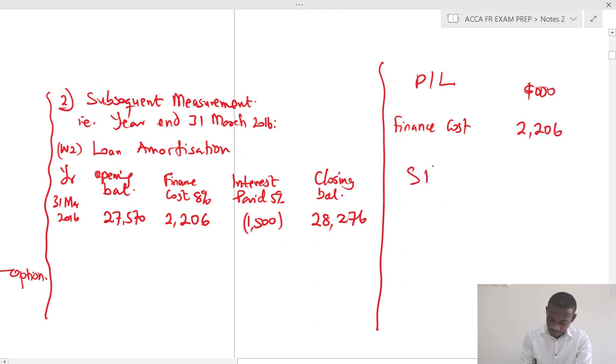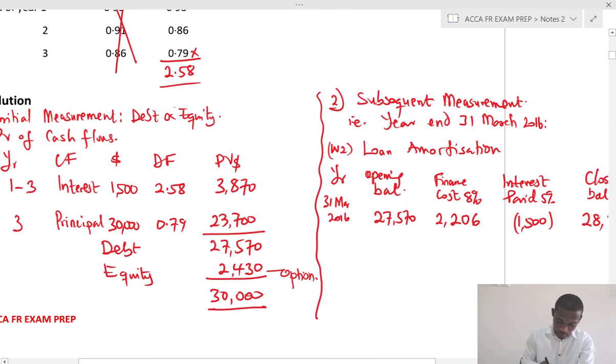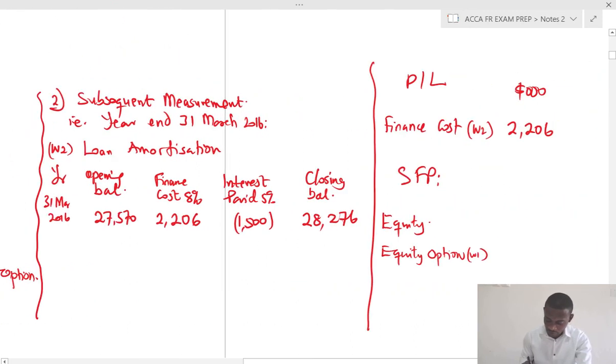And in the financial position statement, let me take the equity first. Under equity, I'll have equity option. Let's say this is my workings 1, this is my workings 2. You have to make the reference. So the equity option here is 2,430.